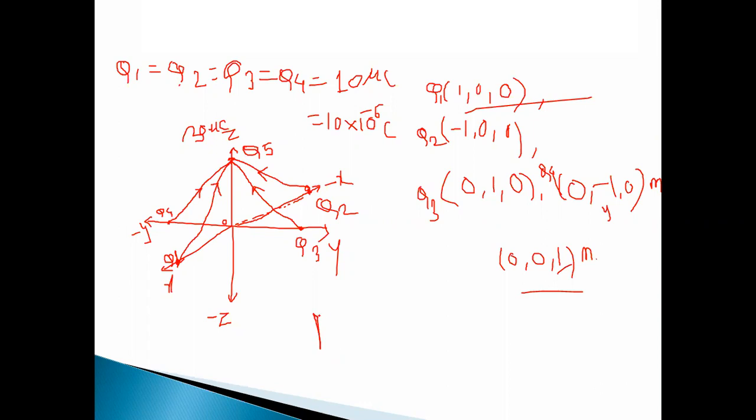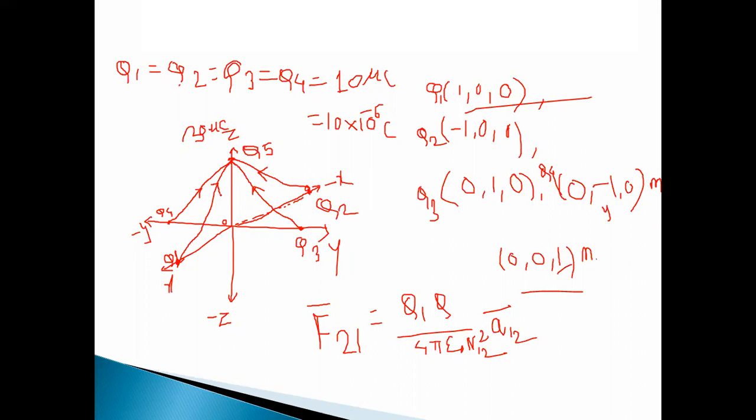When we are considering two charges, and I want to find the force acting on charge 2 due to charge 1, we find this simply as q1 q2 divided by 4 pi epsilon 0 r12 square into a bar 12. This is our formula. But now here we are considering all these four forces.